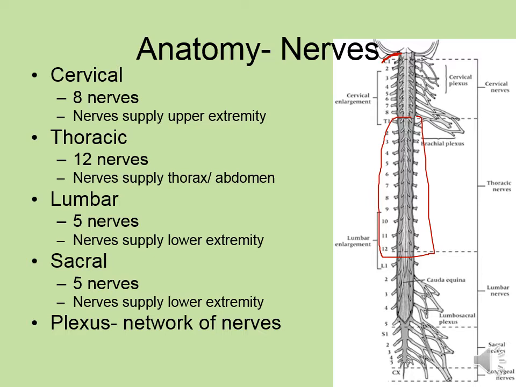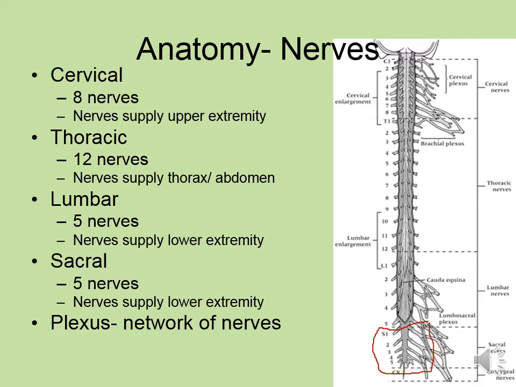Then we have the lumbar nerves. We have 5 of those. So coming through here, and again corresponding to their respective vertebrae. And the lumbar nerves supply the lower extremity, so the hips and legs primarily, and then the sacral nerves will supply the lower extremity and also the pelvis.